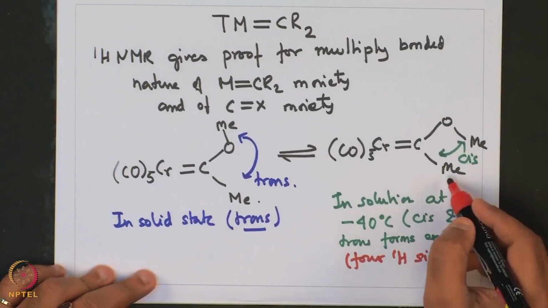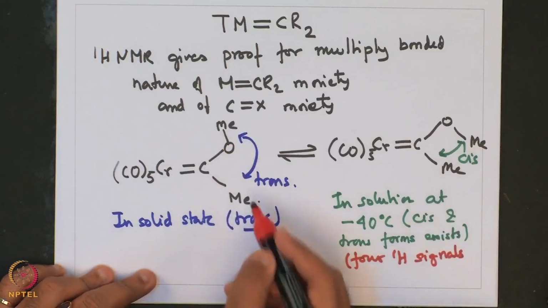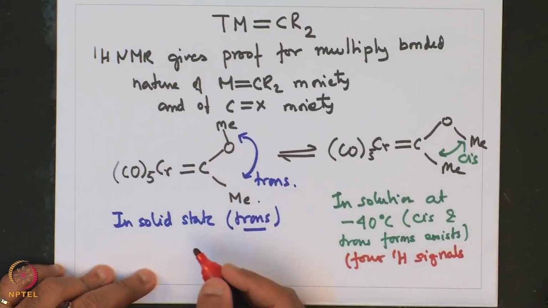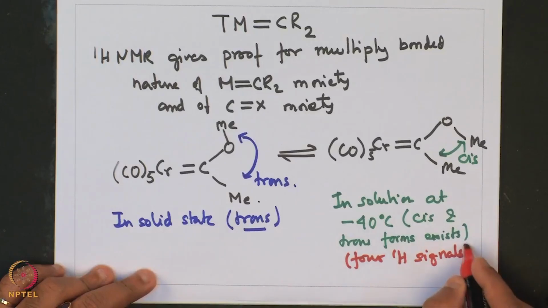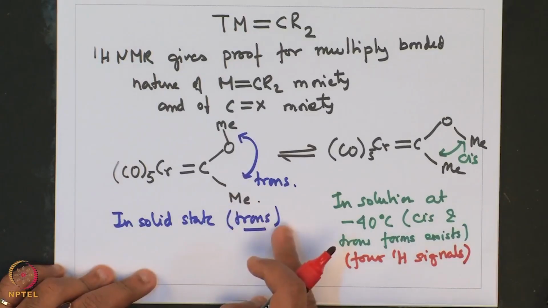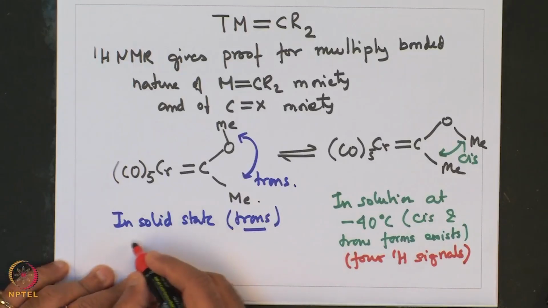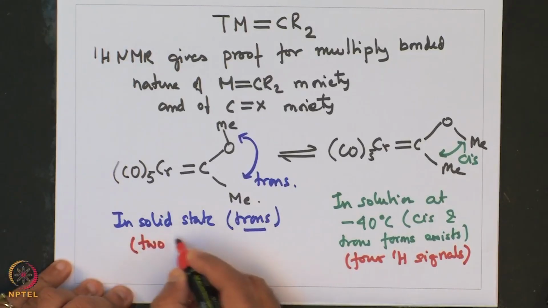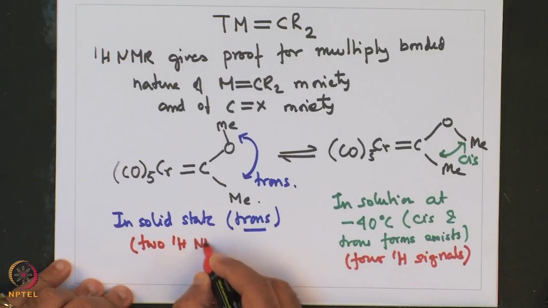Two from the cis form and the 2 from the trans form, whereas in the solid state where only trans form exists, that would exhibit only 2 proton NMR signals.